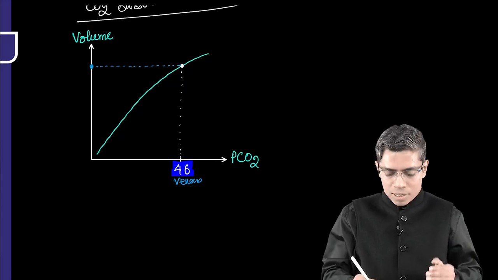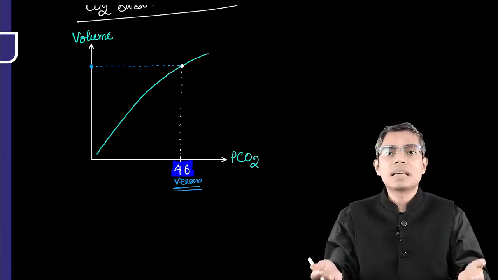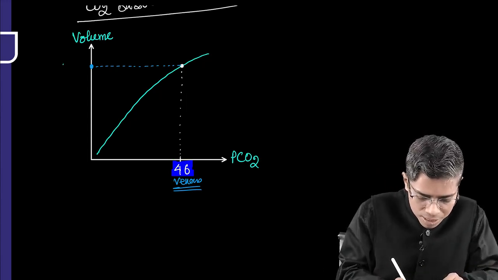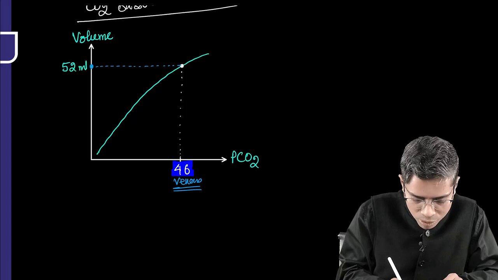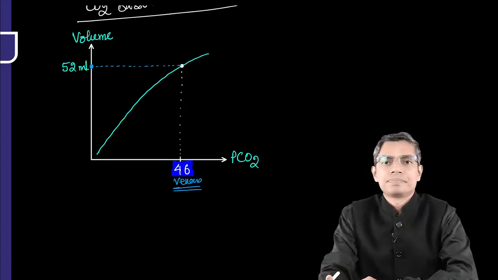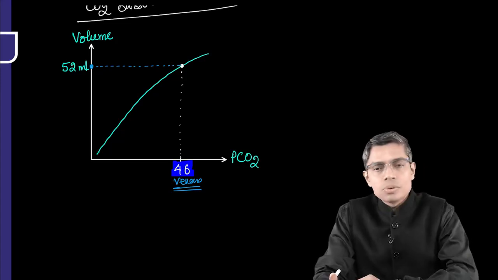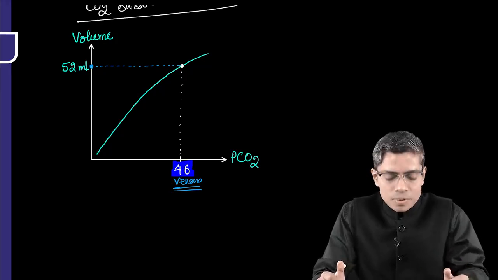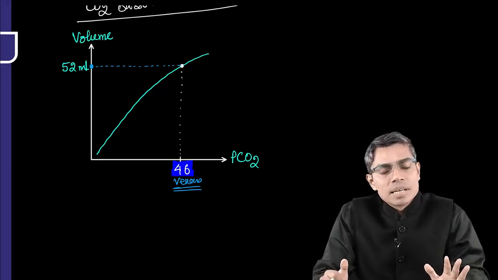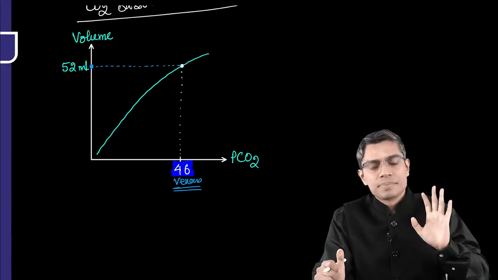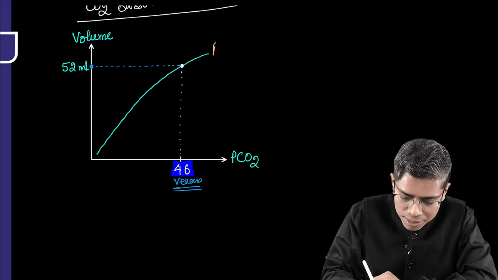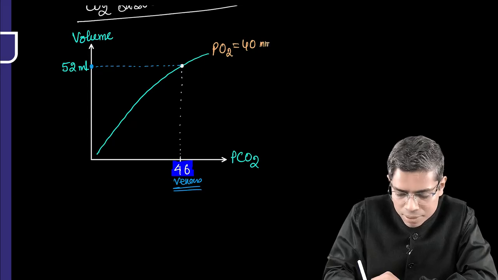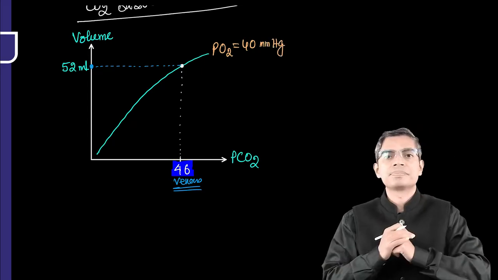I am asking, what is the content of carbon dioxide in venous blood? What is the amount contained? That is 52 ml. So here you will get 52 ml carbon dioxide is present, contained amount, right? So in venous blood, this curve is saying that when the partial pressure of carbon dioxide is 46, content of carbon dioxide is 52 ml. What is the partial pressure of oxygen in the venous blood? Partial pressure of oxygen is 40 millimeter of mercury. That is the venous blood partial pressure of oxygen.